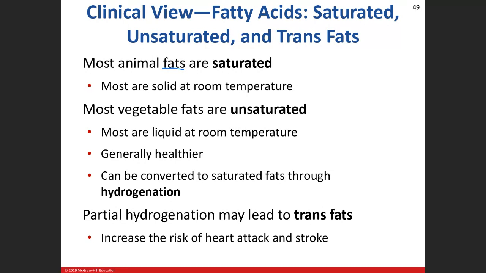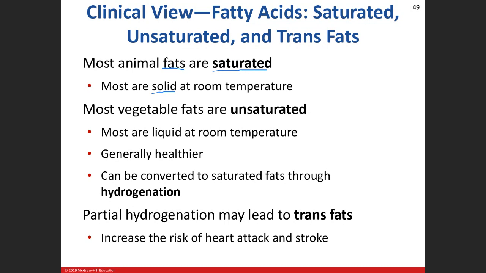So most animal fats, when we're talking about saturated fats, will be solid at room temperature. So we really don't want to have animal fats, because if they're a solid at room temperature, that's not necessarily a good thing, especially if anything that has the potential to be solid is inside of your circulatory system.